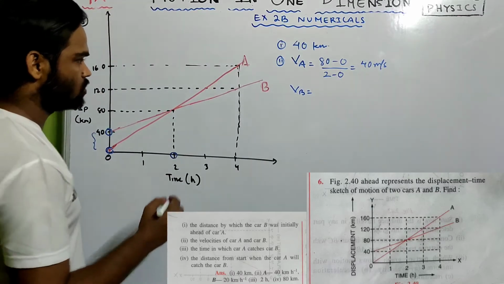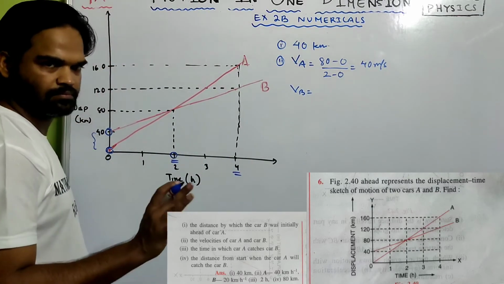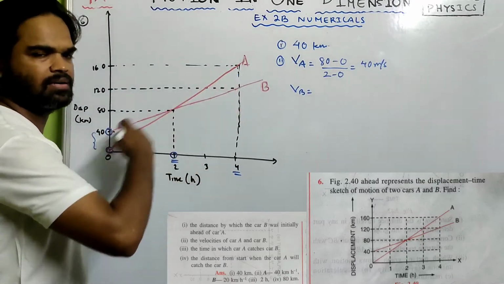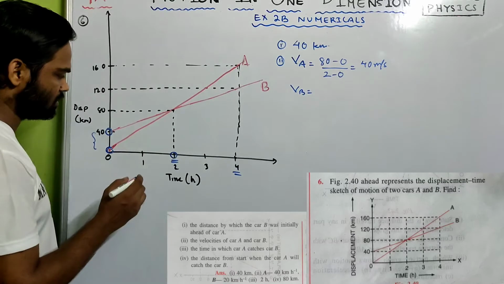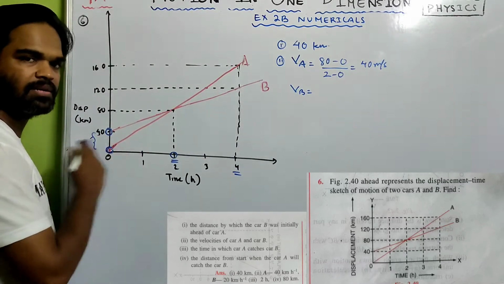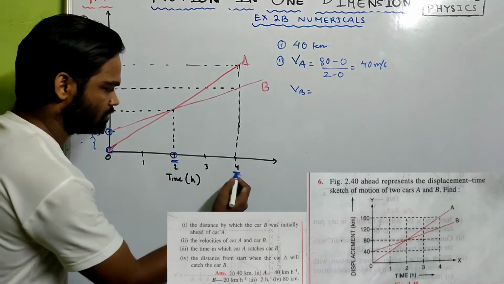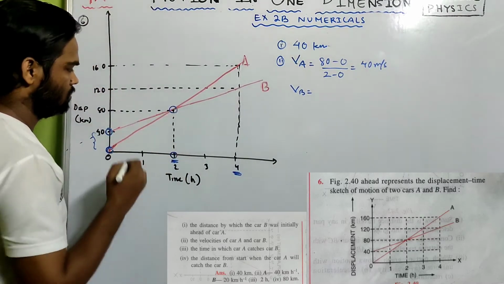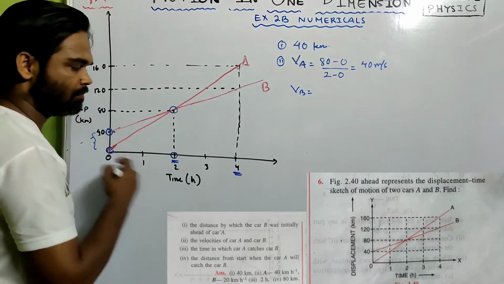For the body B, again take 2 intervals. Suppose I take 2 hour and 4 hour. Again that's a straight line, again see, inclined to the x-axis at a certain angle, because if you proceed it, it will meet the x-axis at a certain angle. So I take these 2 points. At 2, the displacement was 80 kilometer.